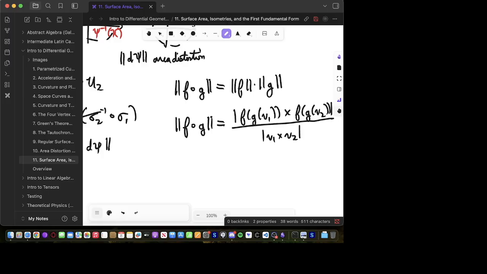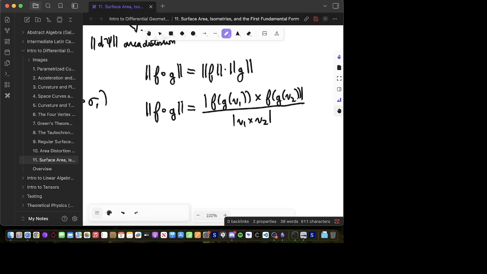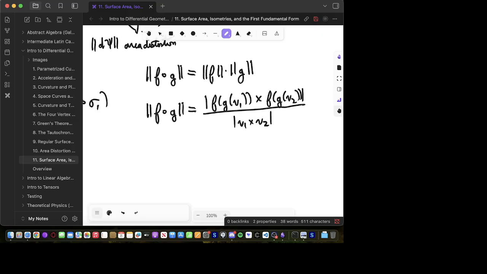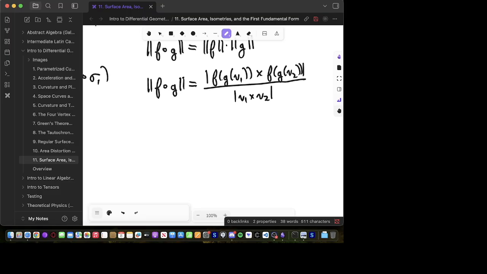Okay, so by the definition of area distortion, we have this, and it does not depend on the choice of basis, so V1 and V2 can be whatever. Now, let's say that we have vectors g of v1 and g of v2.